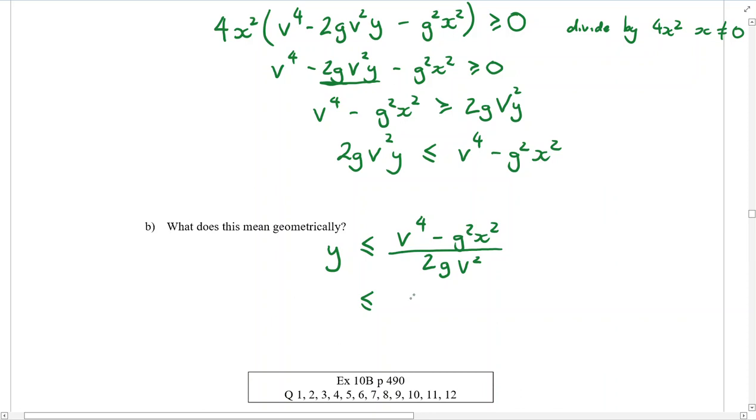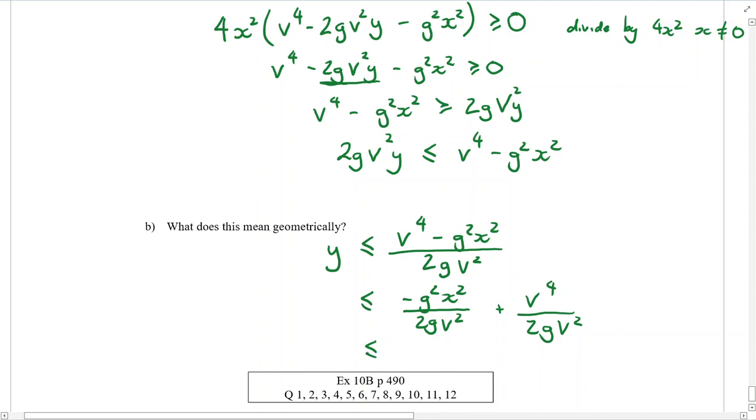So if you put the minus g squared x squared over the 2gv squared, and then the plus v to the 4 over 2gv squared, and that formula there is one of your results.